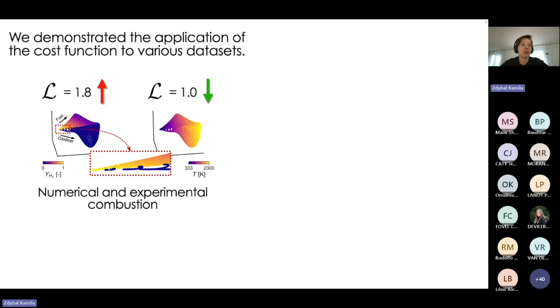And for example, here's a 3-dimensional projection, the same one in these 2 images. That's the same projection, the same embedding, but just colored with 2 different variables. So in this case, I color it with the mass fraction of hydrogen, which is a fuel in that combustion setting. And in this case, I color it with temperature.